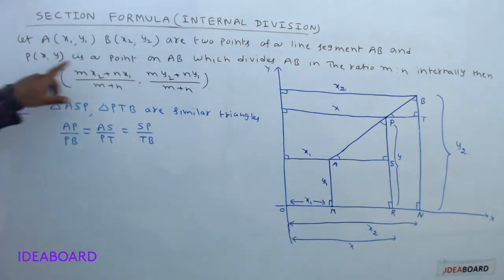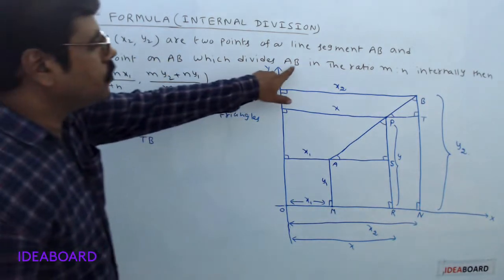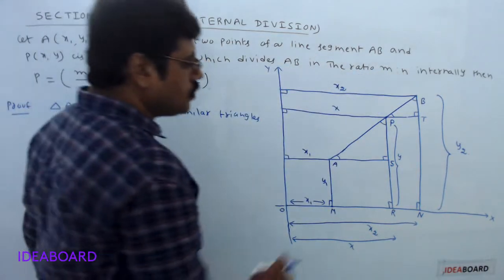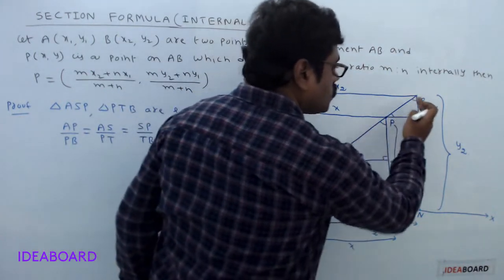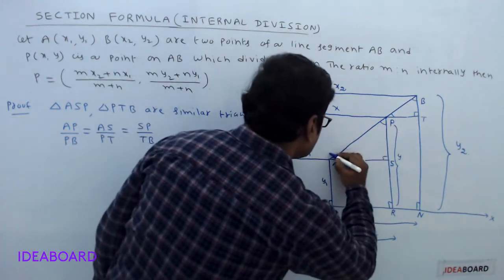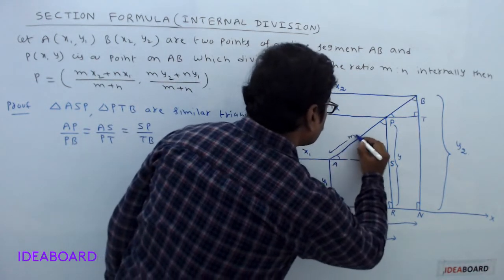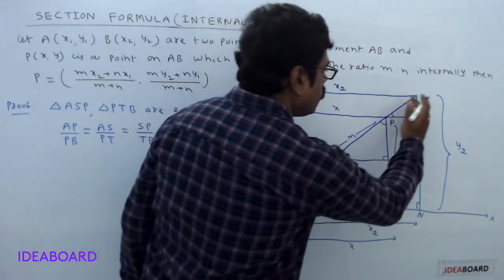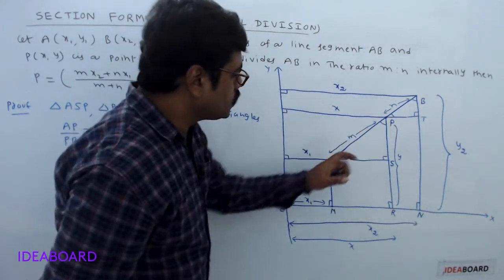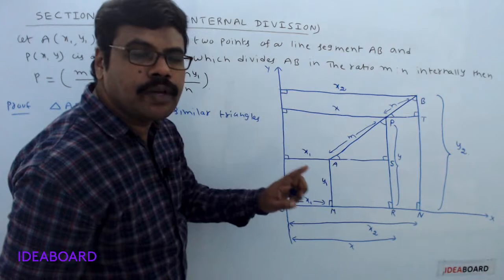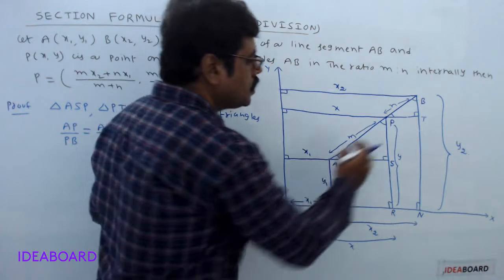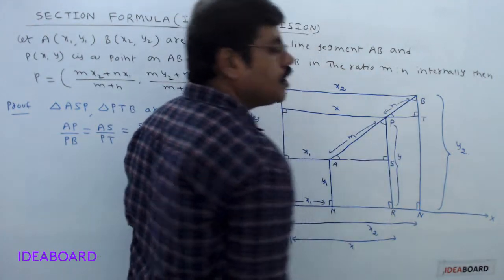Here P is a point on AB which divides AB in the ratio m:n internally. It means distance from A to P is m units and distance from P to B is n units.